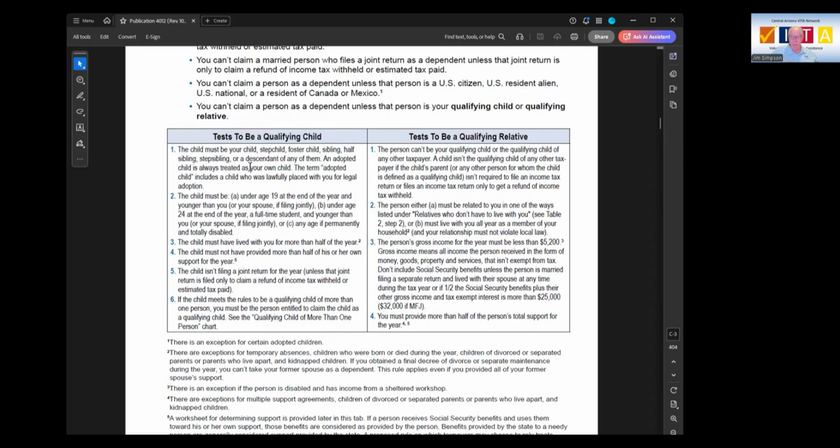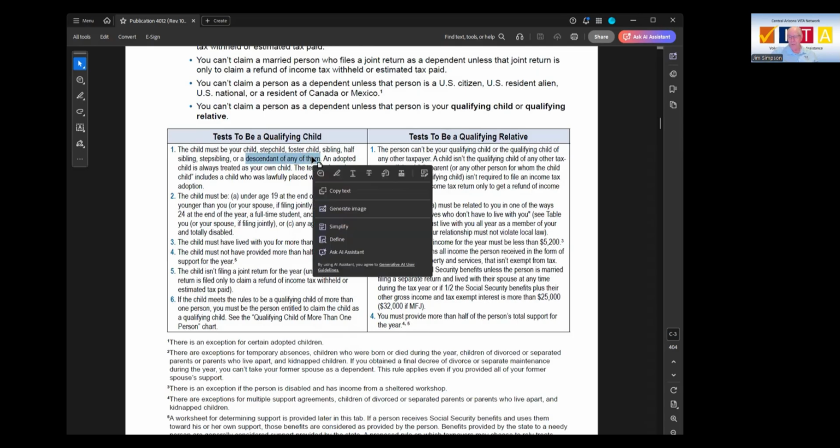Now, I warned you about relationships, right? Be certain you're looking at the relationships for this section of the tax law you're trying to interpret. In this case, dependents, right? So here it says, the child must be your child, stepchild, foster child, sibling, half sibling, step sibling, or a descendant of any of them.